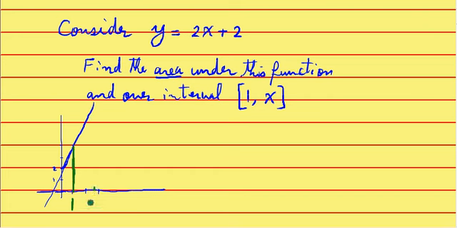Let's call it x. We want to find this area. Well, I chose this simple problem so that we can use our knowledge from high school and find the area quickly.